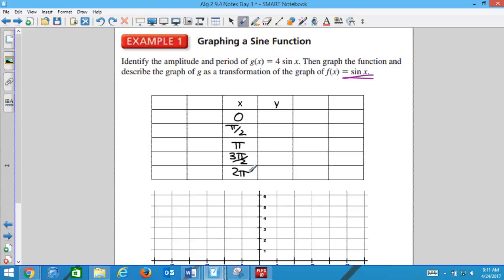For sine, if you can remember what it starts at, you could probably figure out the rest of them. So for sine, what's it always start at? It starts at 0. And then it goes from 0 up to 1 to 0 to -1 to 0. So those key points would be something you need to know. And after doing a bunch of practice, you should know them.